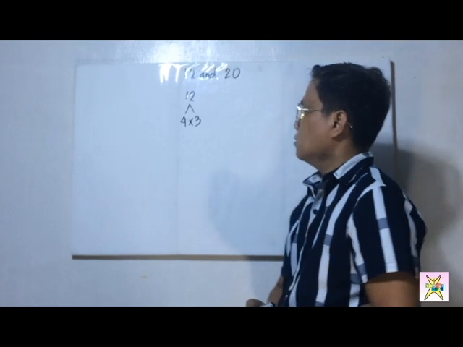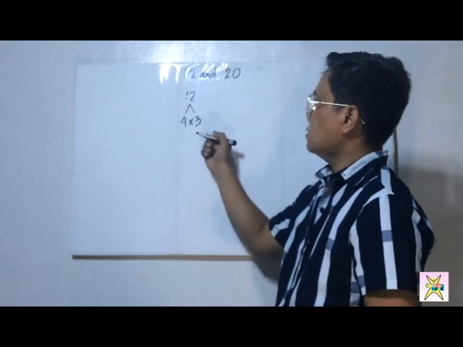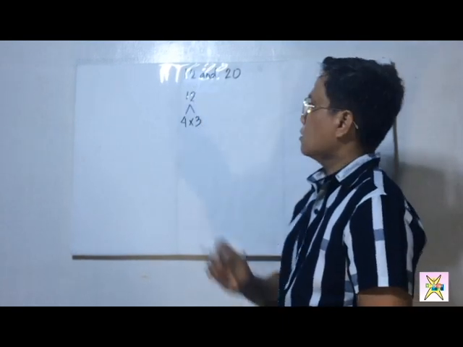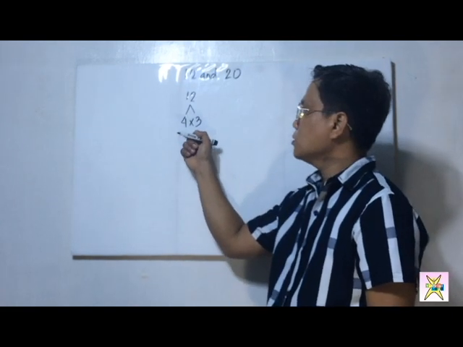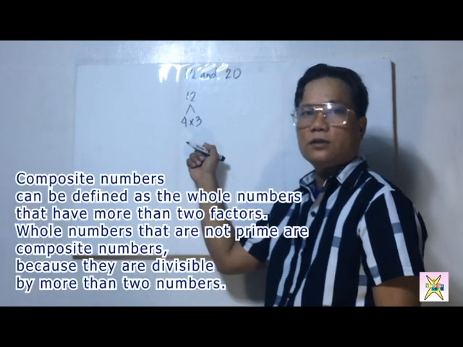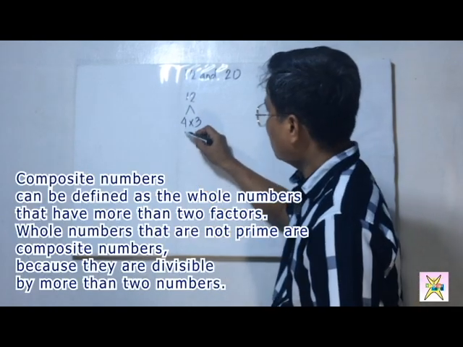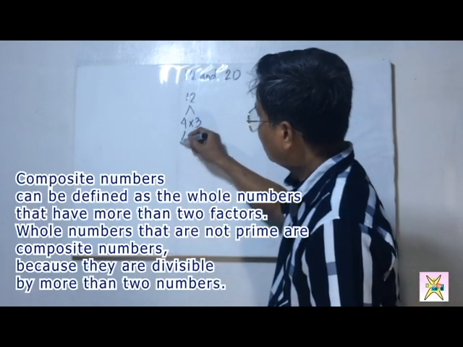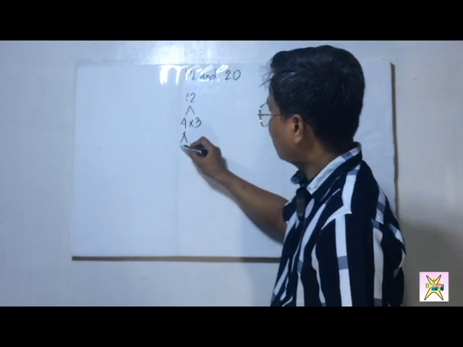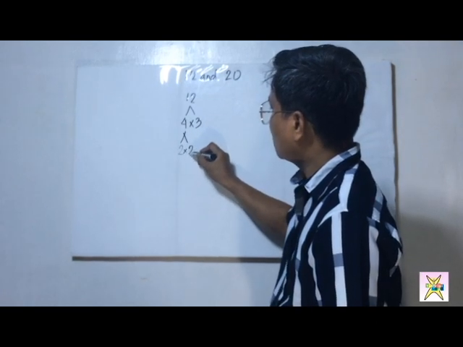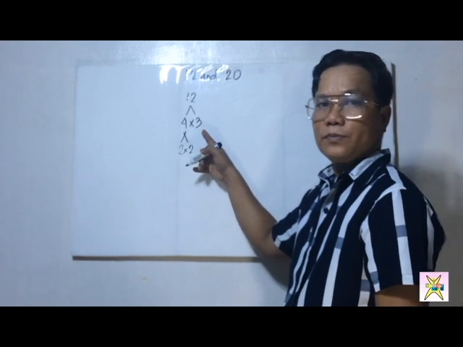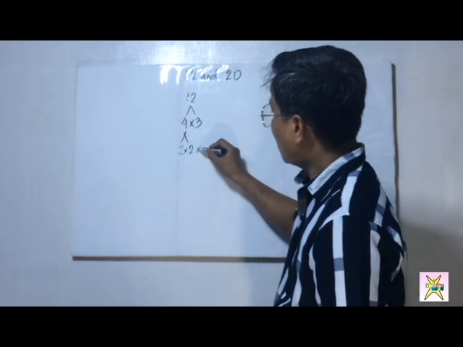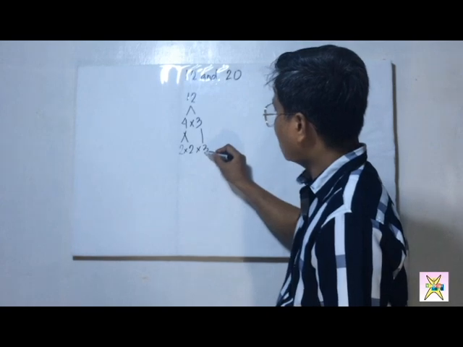So 4 times 3 is equal to 12. But 4 is still factorable because it is a composite number, so we need to split 4. So we have 2 times 2, and 3 is already a prime number. That's why we can put it down.